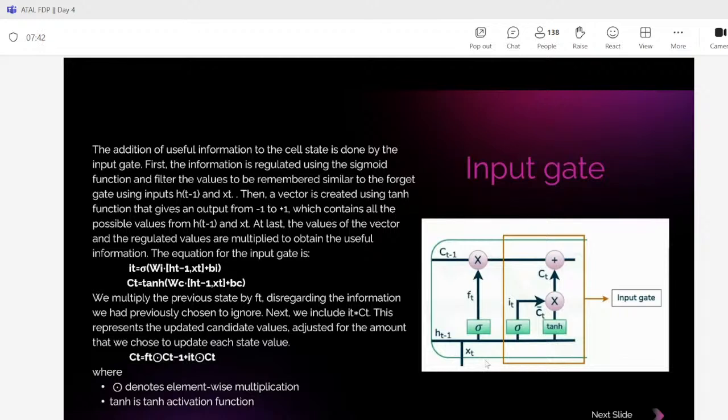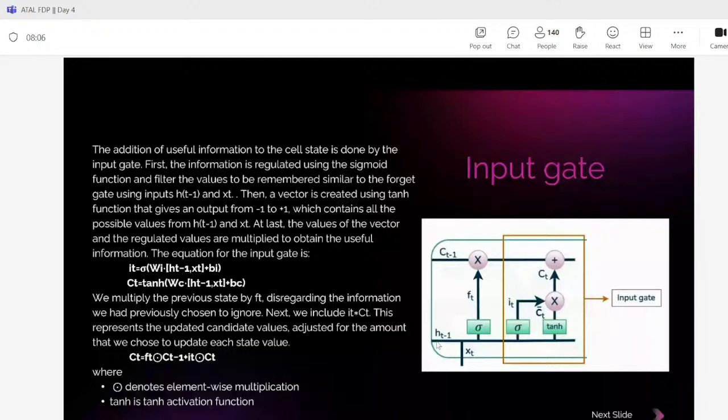Then a vector is created using tanh, a mathematical function used for differentiating the various inputs, as we have discussed already. The tangent function gives values varying from minus 1 to plus 1, which contains all the possible values from ht minus 1 and xt.